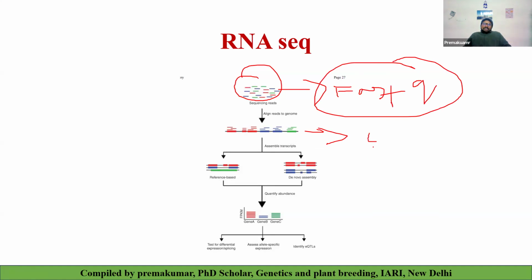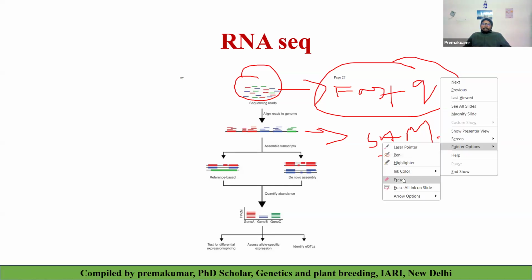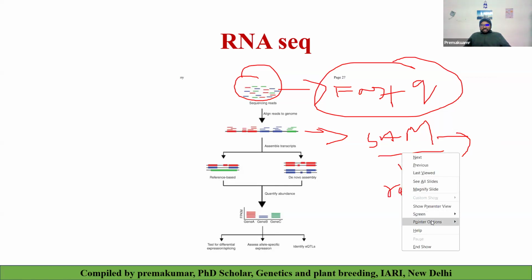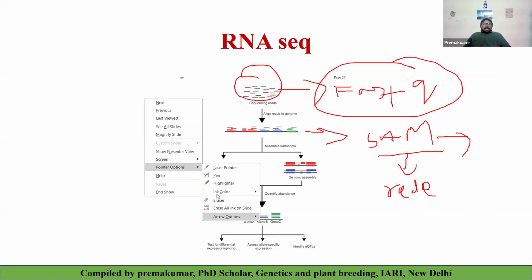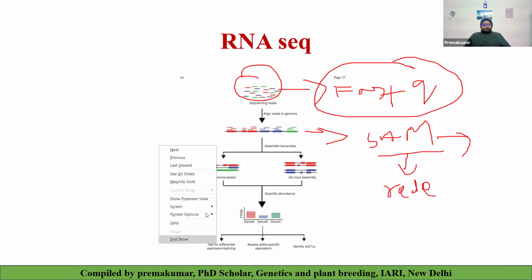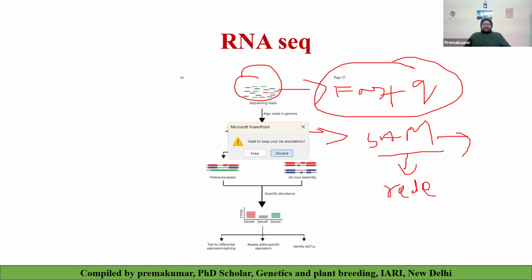That is called a SAM file, sequence alignment map. A SAM file is in readable form, meaning we can read it and understand what is in that file. But they are very, very large in nature, so we need to convert it. We will see how SAM files look.